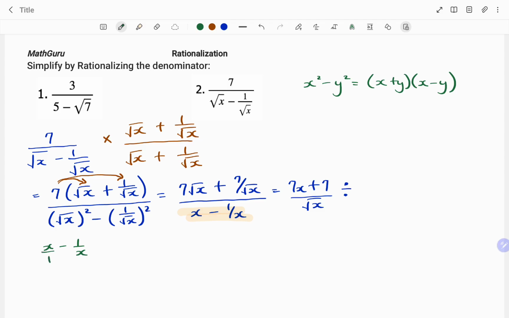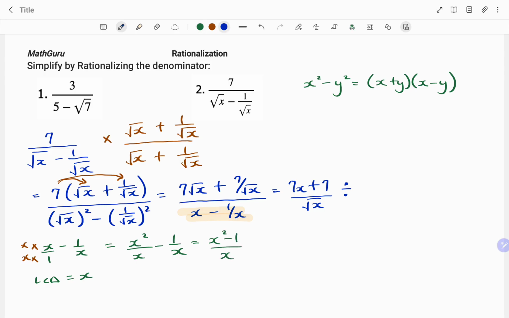Any whole number is over 1. My lowest common denominator, or my LCD, is x. So this will become x squared over x minus 1 over x. What I've done is to multiply the left term by x, the LCD, at the top and at the bottom. That will give me x squared minus 1 divided by x.